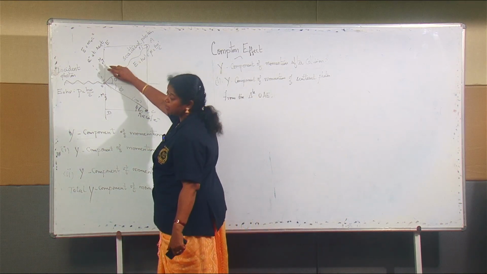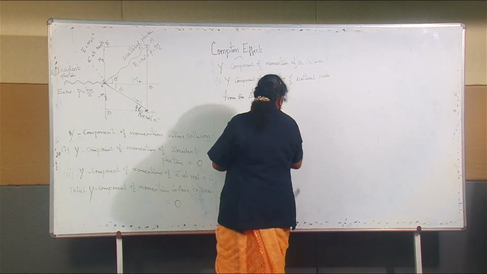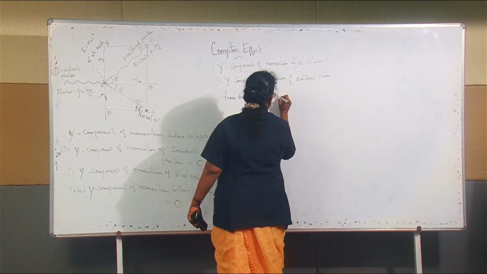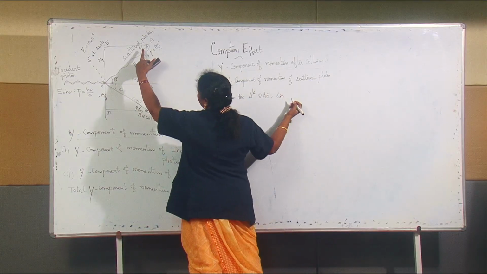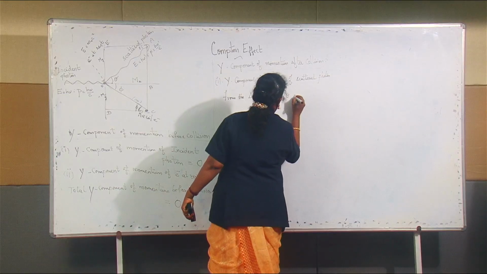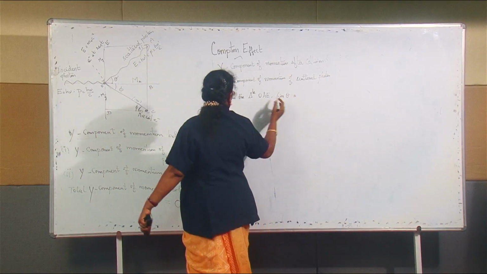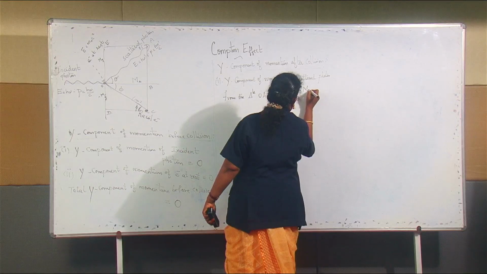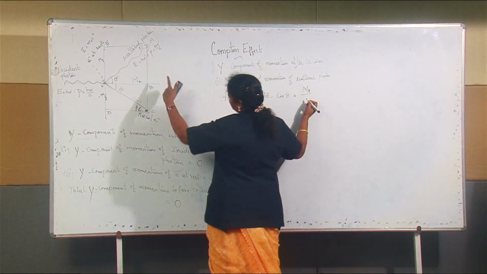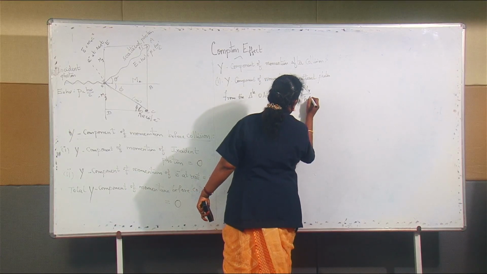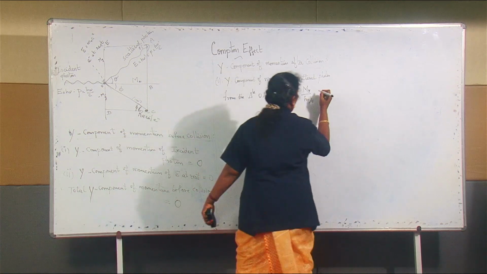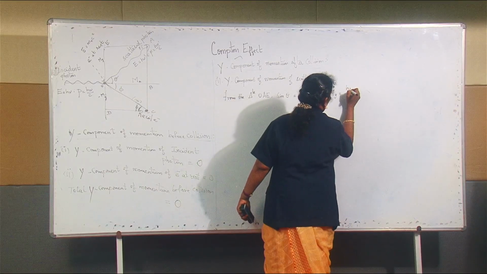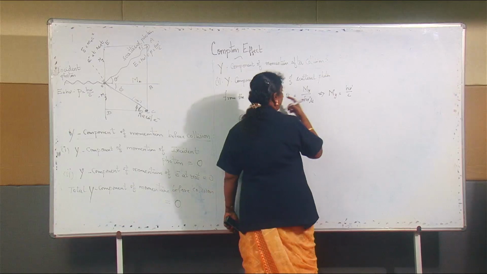For theta it is the opposite side, so we can take sine theta. Sine theta is equal to opposite side by adjacent side, which is py by h nu dash by c. We need the momentum along the y-axis, therefore py is equal to h nu dash by c into sine theta.